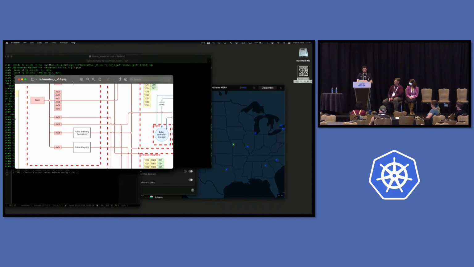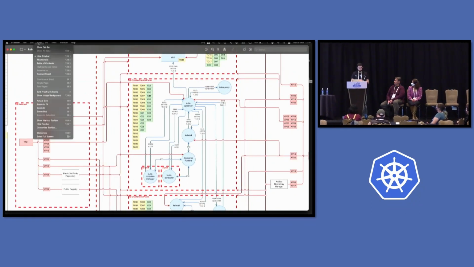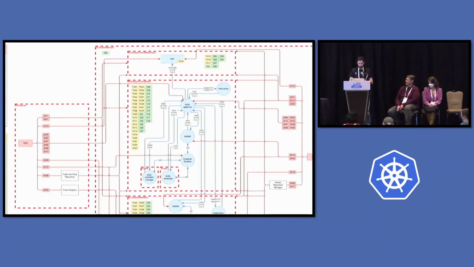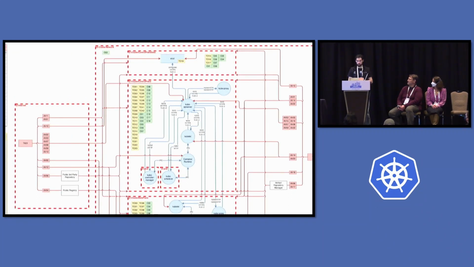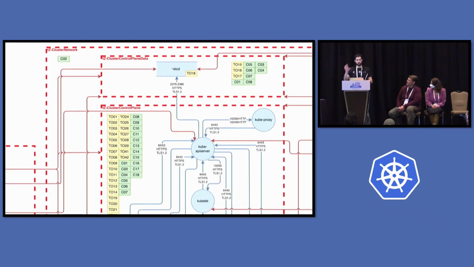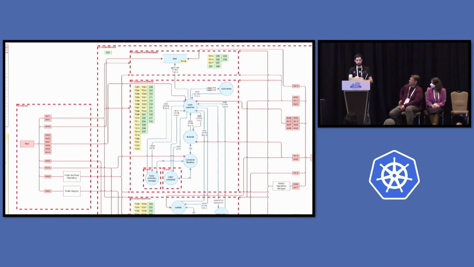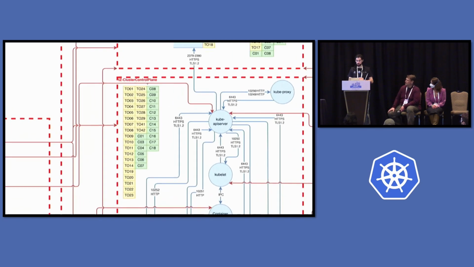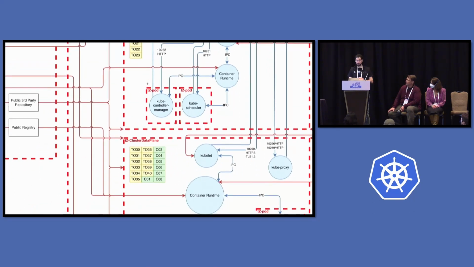I'll go full screen for this. There we go. As you can see at the top here, trust boundaries, whole cluster network, this big dotted red square. You have the cluster control plane, the cluster data plane.